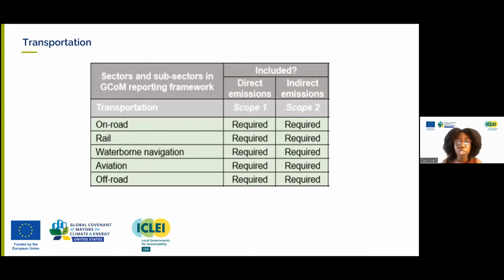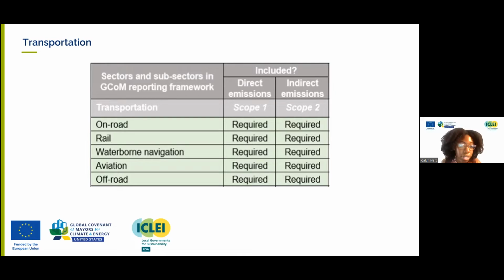And then next, transportation is the second mandatory sector that you'll want to make sure that you are including. Transportation includes on-road, rail, waterborne, aviation, and off-road. So again, all of these are required for reporting to GCOM. But if you are mainly looking at on-road, you'll be able to report on your on-road emissions.